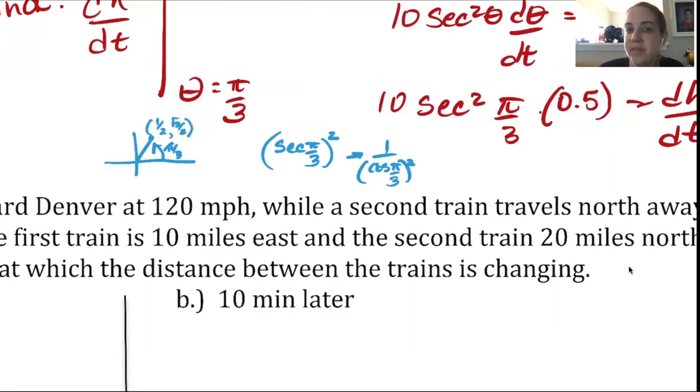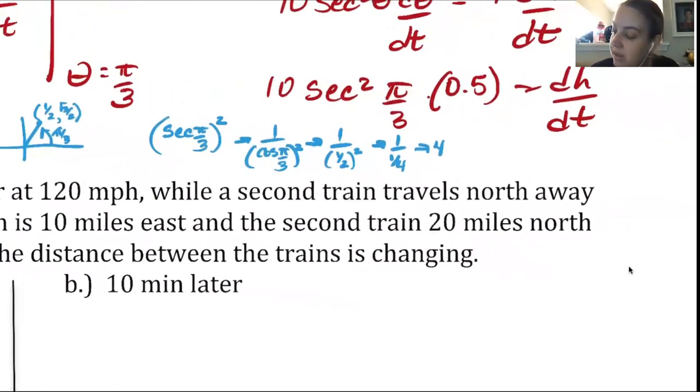So is cosine the x value or the y value? Cosine's the x value. So cosine of pi over 3 is 1/2. And we have to square that quantity. So 1/2 squared is actually 1/4. And 1 divided by 1/4 becomes 4.